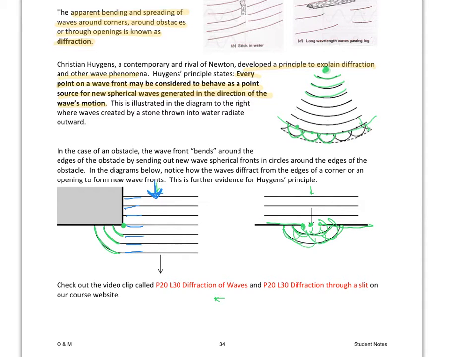The diffraction of waves and diffraction through a slit is a really good example of this. You could technically try both of these experiments in a tub of water, creating some waves where we have an object that can't bounce up and down, maybe something very heavy sitting in a tub of water, and you would see the waves bend around that object or through a slit.